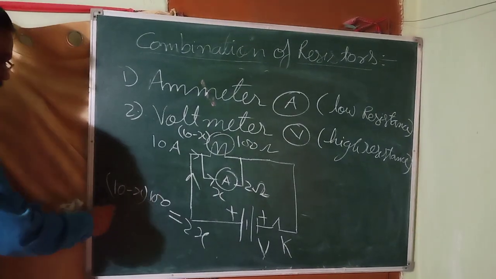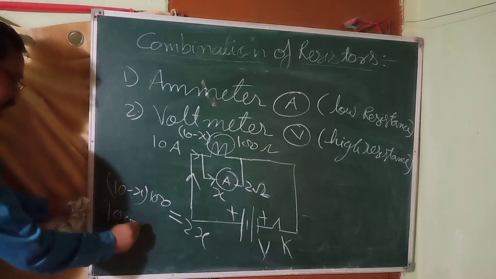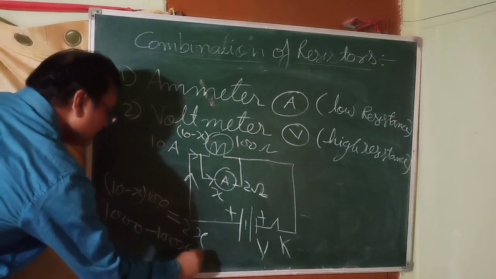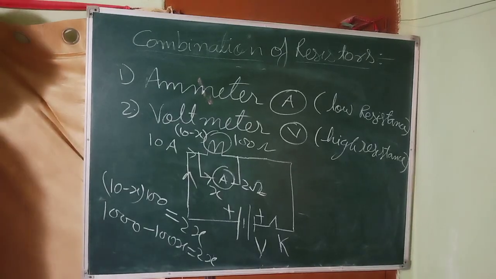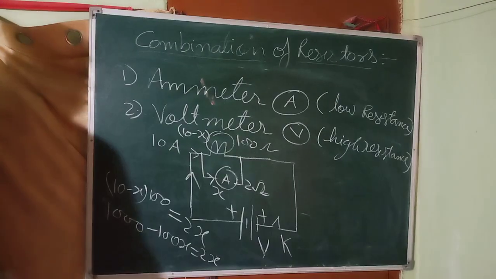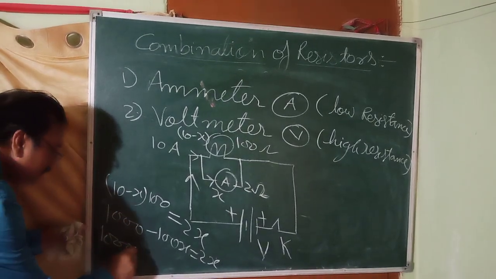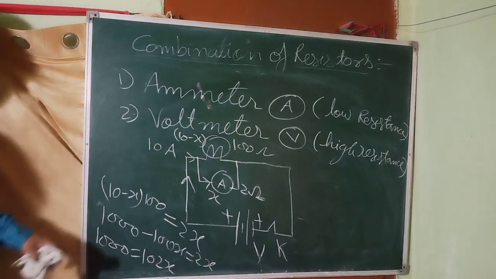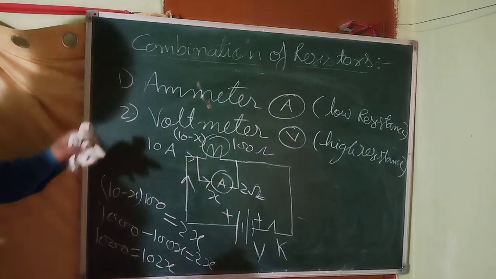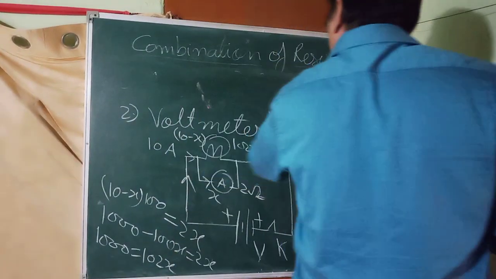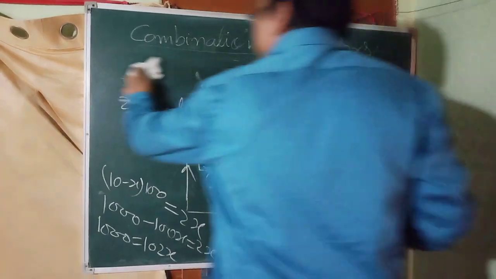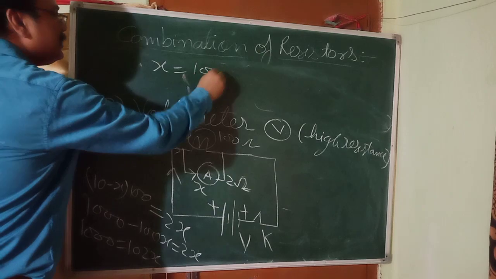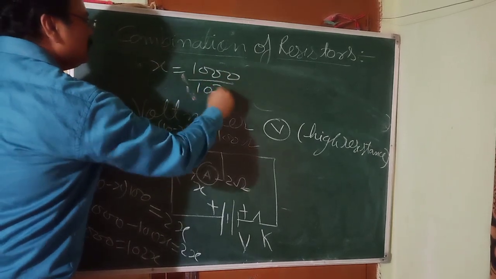From here, 10 into 100 is 1000, minus 100X, equals 2X. Now take this 100X to that side, and we get 1000 equals 102X. So X is equal to 1000 by 102.